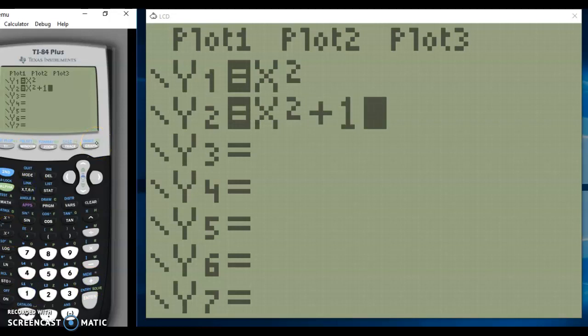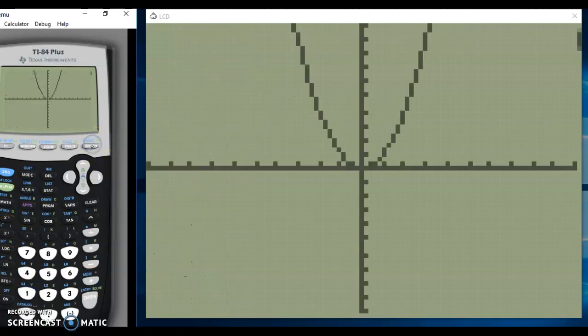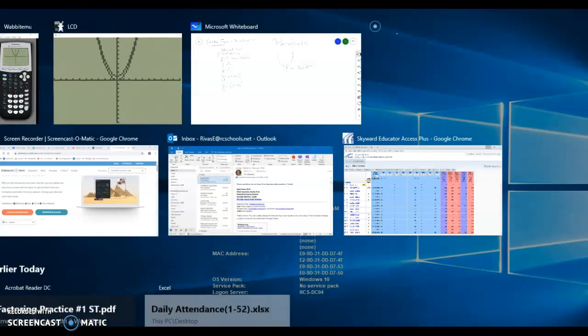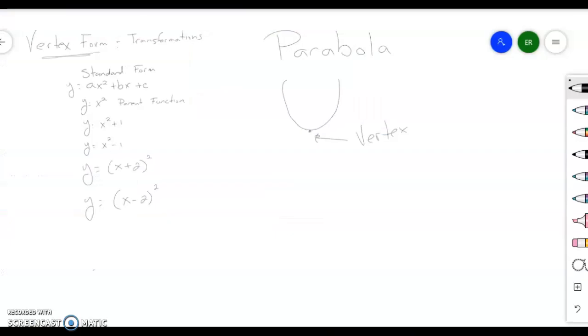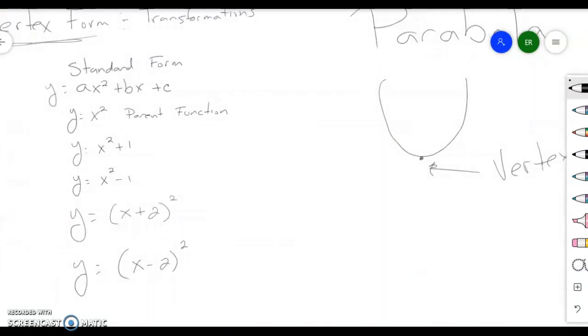And let's just take a look at what happens to this graph when we graph it. So the entire graph shifted up 1 unit. Okay, so you can see it came from here, and then the vertex has moved up there. So the movement that occurred when we added 1 was that this graph, I'm going to zoom in a little bit, this graph was moved up 1 unit.